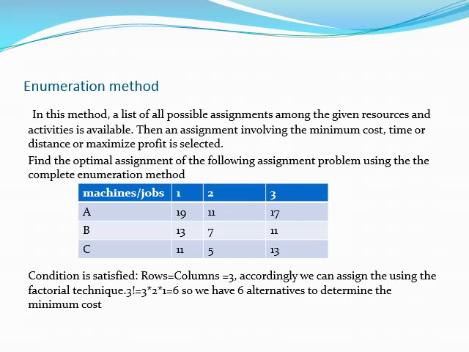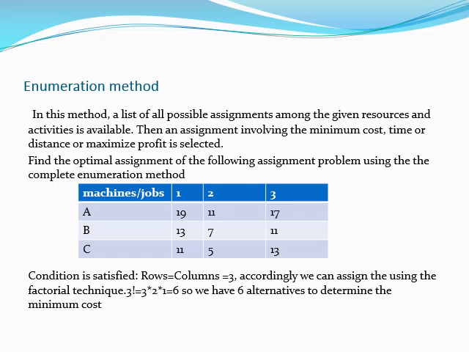The factorial of 4 is 4 times 3 times 2 times 1, 24 alternatives, so we are going to draw 24 rows.